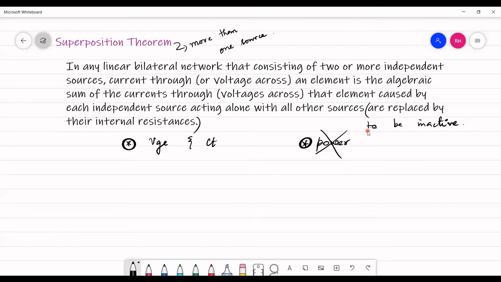So follow the definition or the statement given in any standard book.